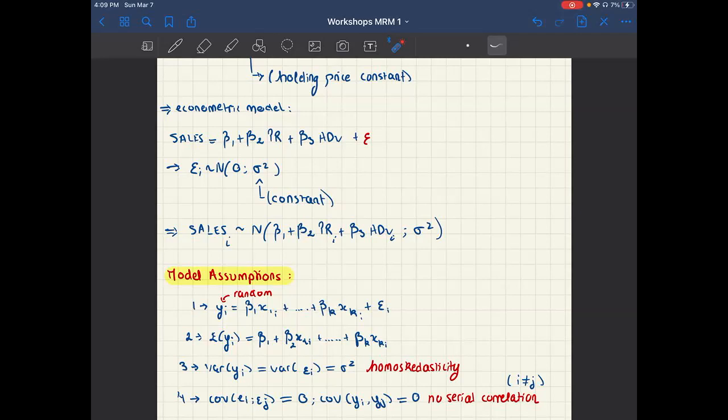You'd expect sales of companies to go down because of the COVID restrictions, but this is obviously not captured by price or advertising. So everything that affected sales from COVID, for example, is captured in the error term. So that's our econometric model: beta 1 plus beta 2 price plus beta 3 advertising plus the error term, which is everything else that affects sales.